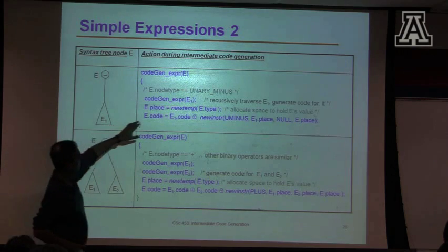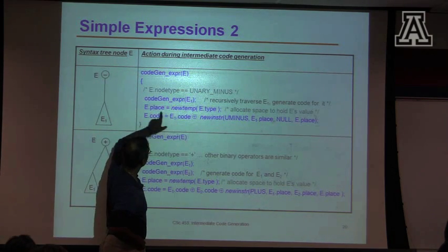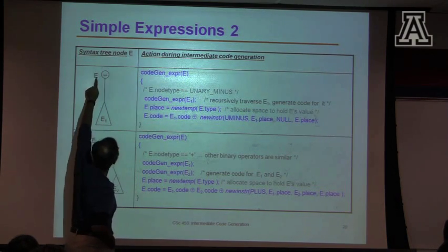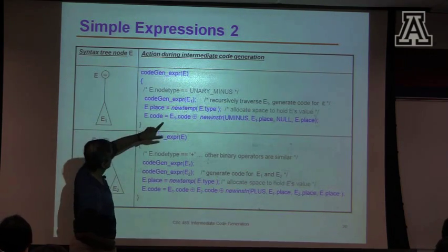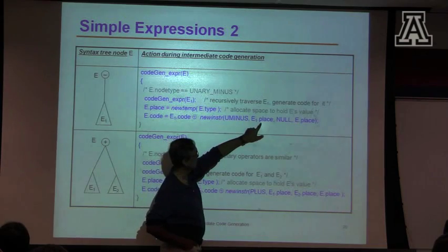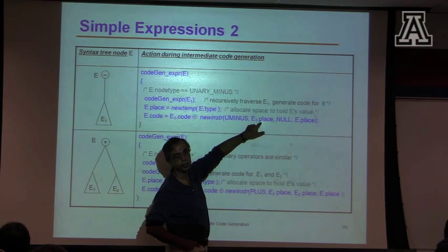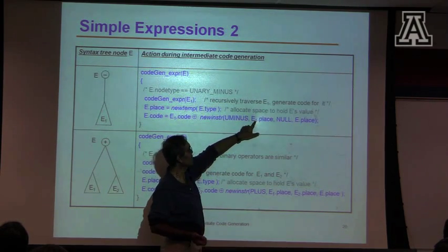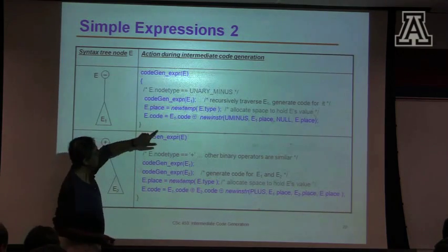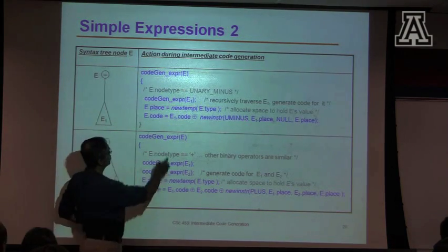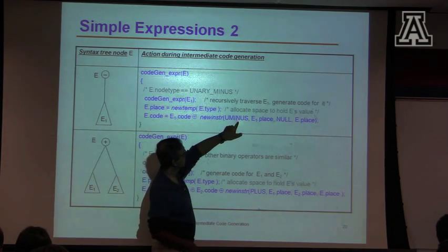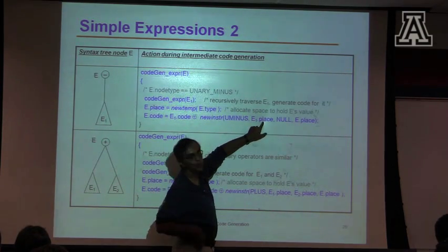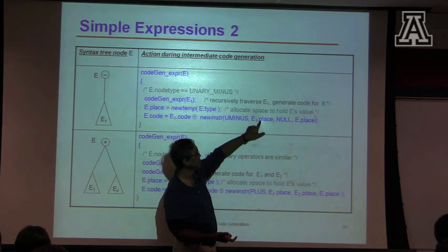So I recursively traverse and generate code for E1. I create a place to hold the value of E. This recursive traversal has created a place to hold the value of E1 if necessary. Or if it's just a variable, then that's already there. So the code that I generate is whatever code evaluates E1 followed by a unary minus operation applied to the runtime value of E1.